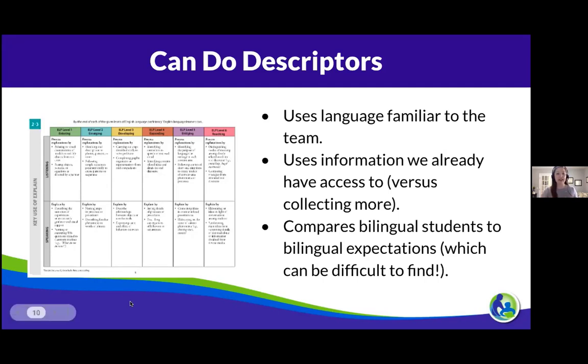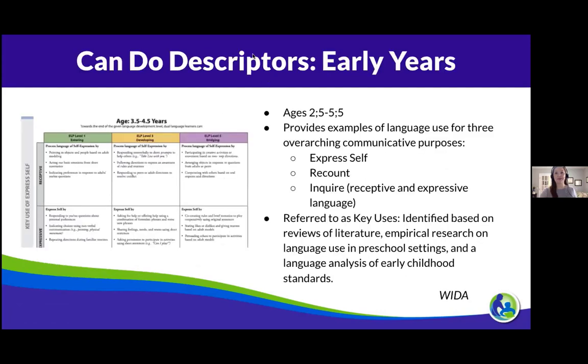Because again, they're at a different point in their ability to use language in the classroom. And often there's a discrepancy between where their English language proficiency level is and the level of English needed to meet those grade level standards. And we have to acknowledge that. Again, why would we expect a student to perform above their English language proficiency level in the classroom?